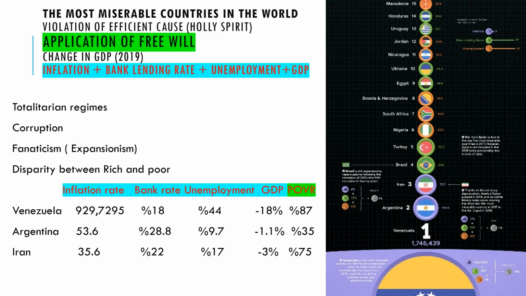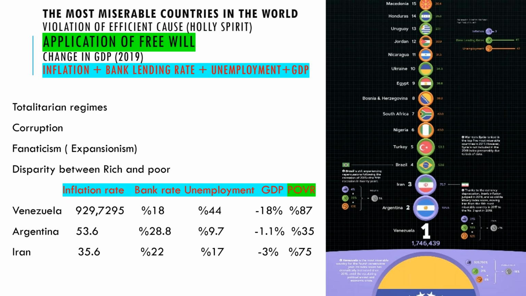And guess what? They have the largest reserves of oil in the world. So what is causing these people to live miserably where they should have been the richest country? If you look closely, it relates to totalitarian regime, corruption, fanaticism, and disparity between rich and poor.